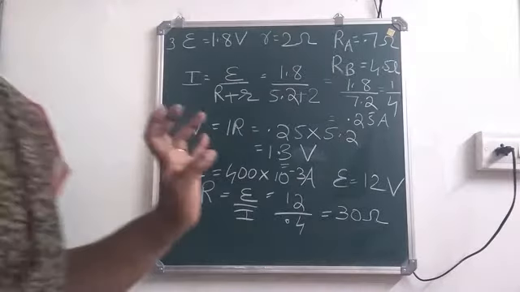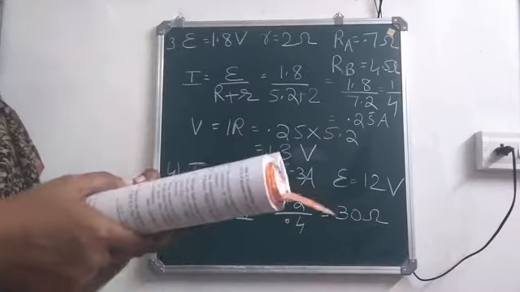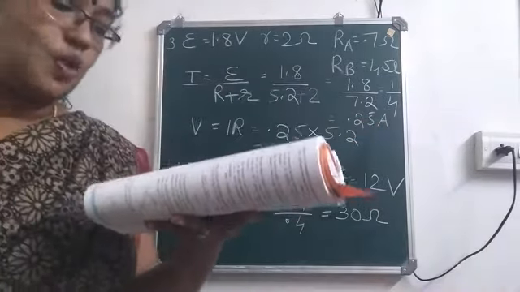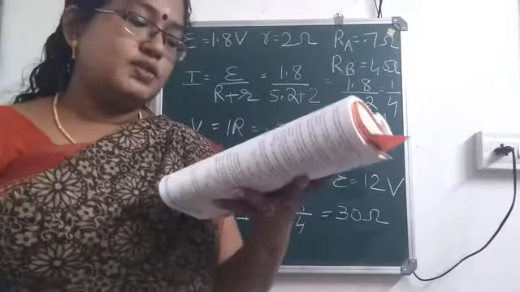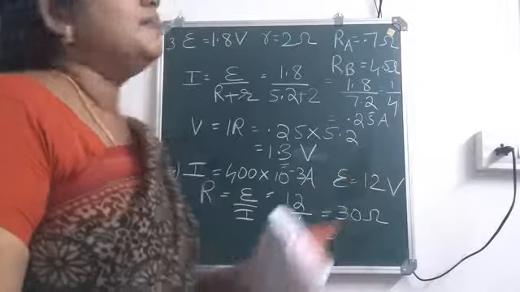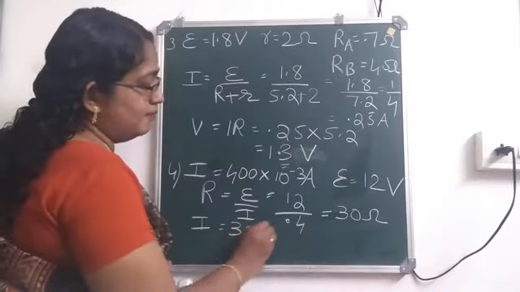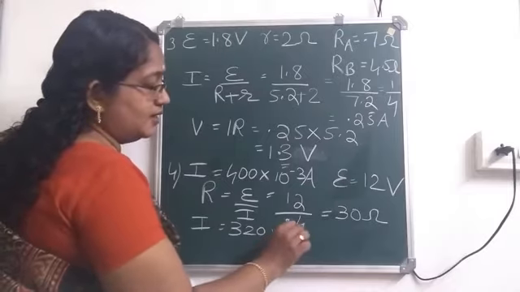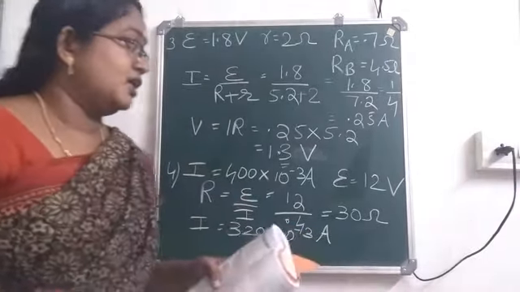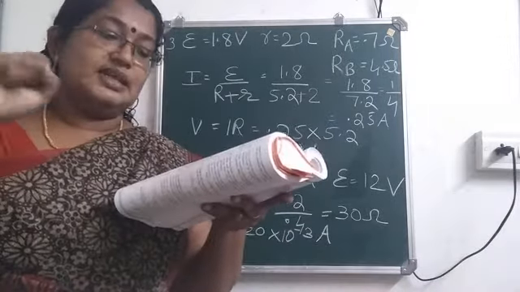Now what is the next question? The music system, if left playing for several hours, finally the battery voltage drops and the music system stops playing when the current drops to 320 milliampere. When the current becomes 320 milliampere, that means 320 into 10 raised to minus 3 ampere, the voltage drops and it stops.